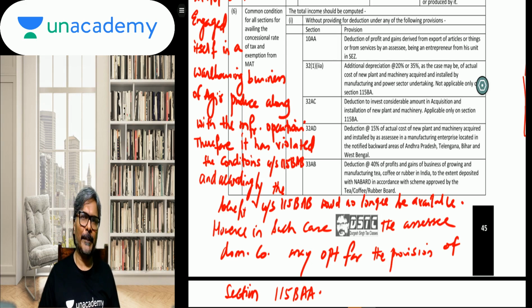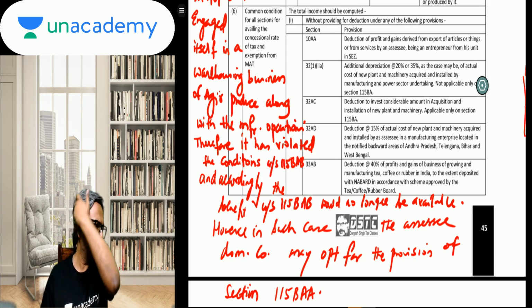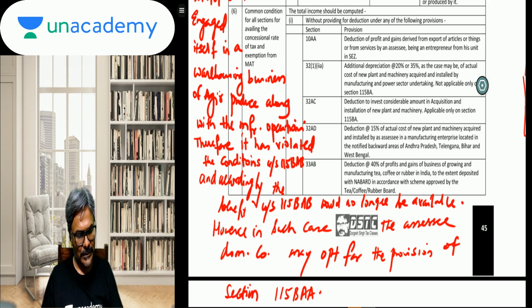So now what will happen would be that, see, earlier the situation was that on the deposit of the money to the NABARD, I used to get the deduction. So the deduction I used to get was on the deposit of the money in the NABARD, students.